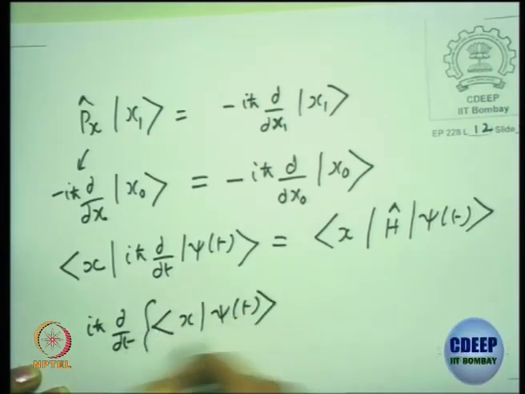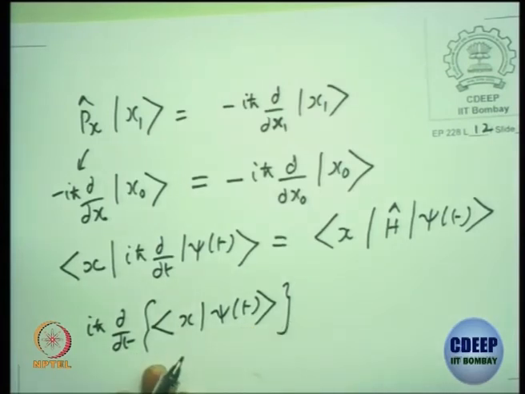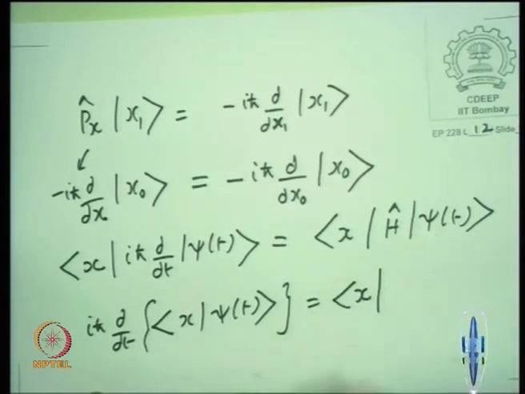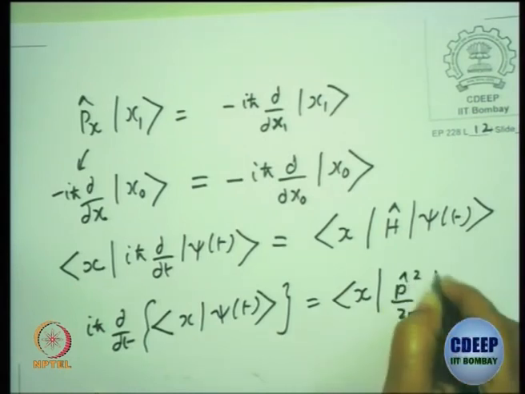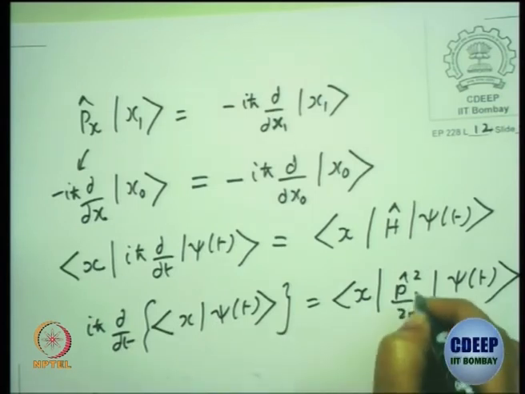It is the same because del by del t only will hit the psi of t. X is not dependent on time. Similarly, here it will be x with p squared over 2m on psi of t, for a free particle. We will also do v of x; let us write the v of x also.